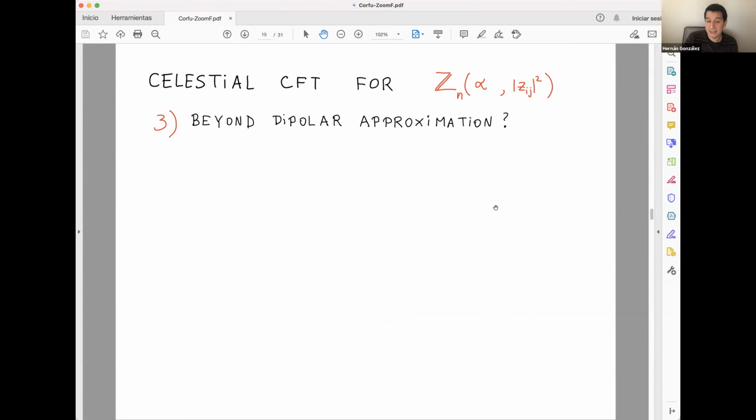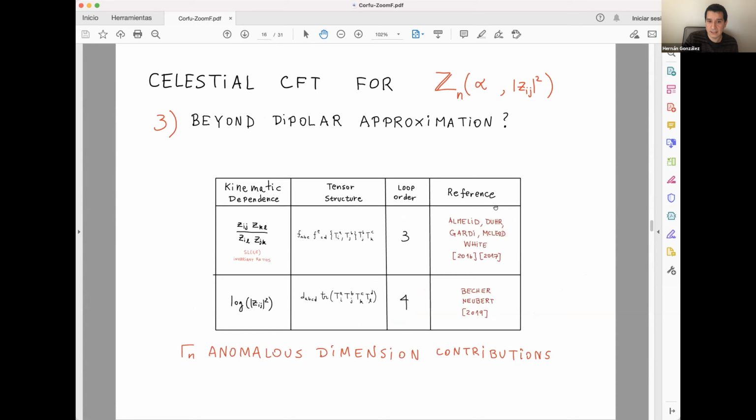What happens in the celestial case, because there are many complications, is that the anomalous dimension starts acquiring contributions. For instance, at 3 loops, you have functions that are SL(2,C) invariant, but they have a very complicated structure. This was found by those people.